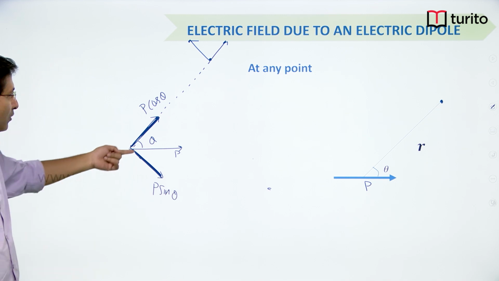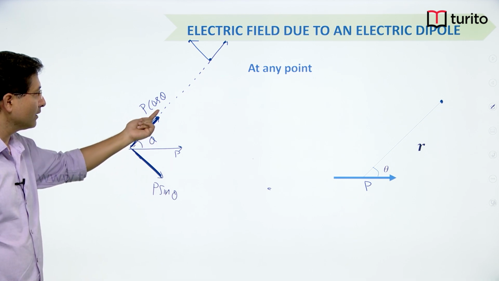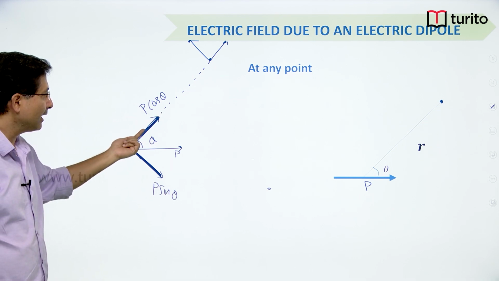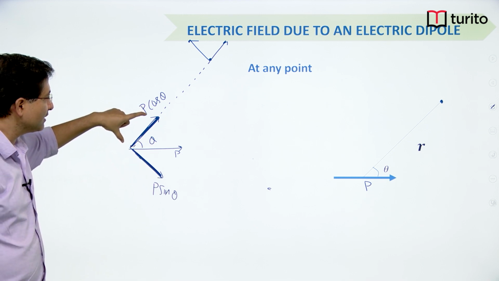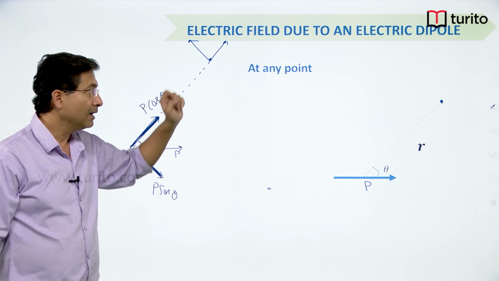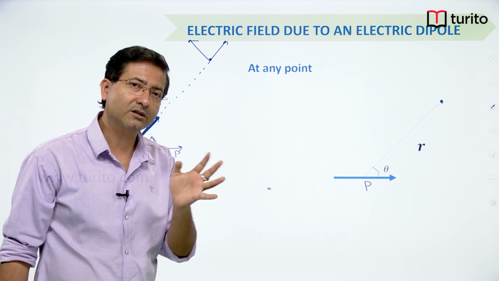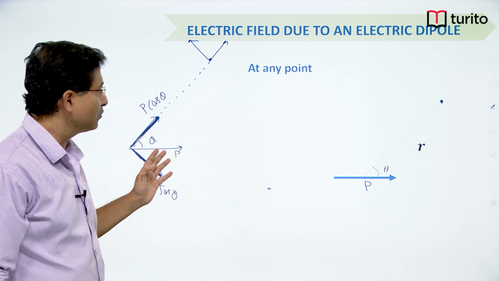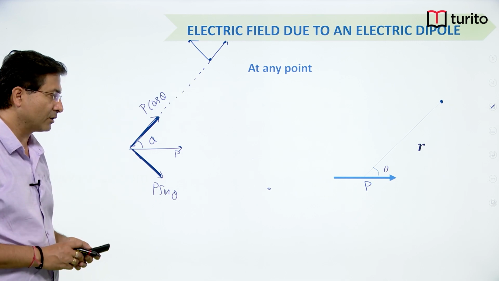So, this dipole can be resolved into two components, one along the line and another perpendicular to the line, and we will see the contribution of both at this particular point, and then we will add the contributions. So, I hope the approach is clear, how to find the net field at that particular point.